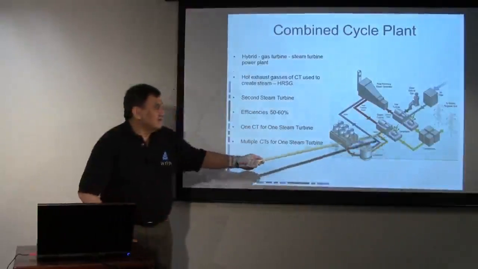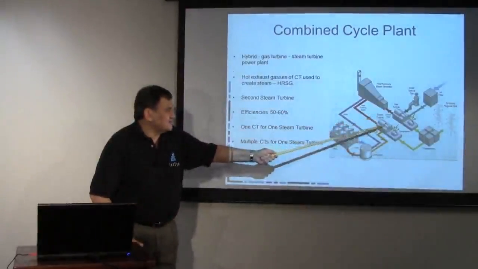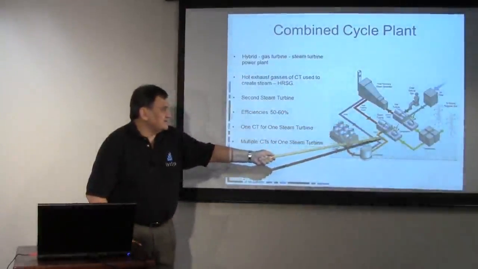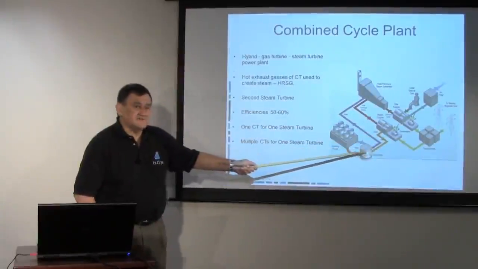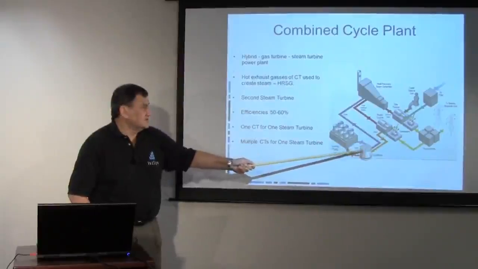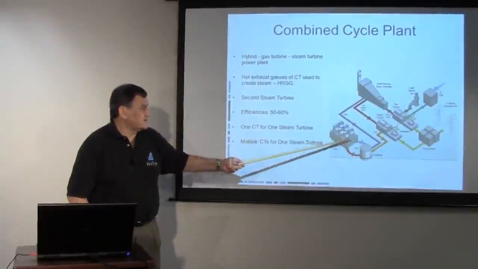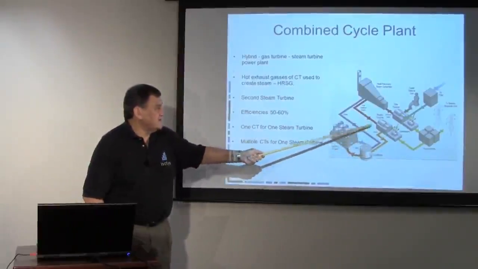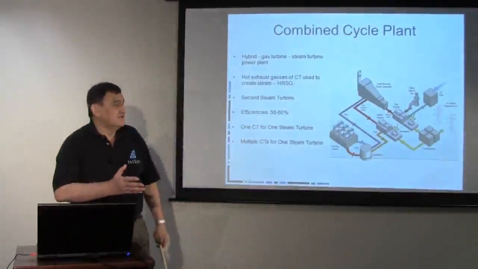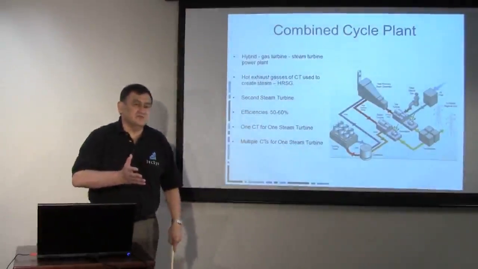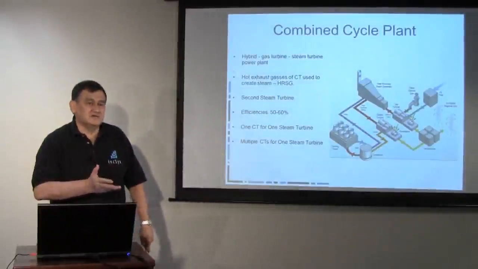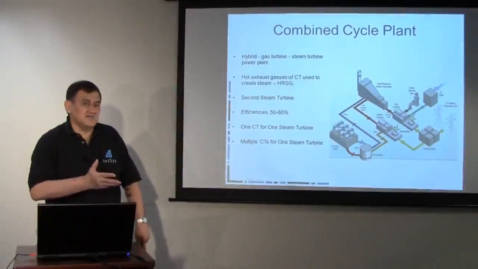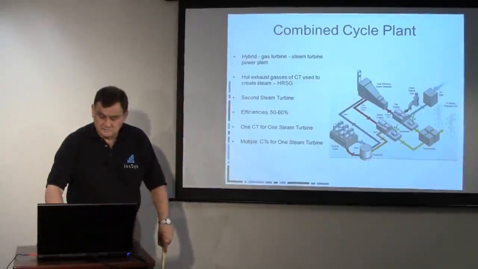We have to take it, it comes in as hot steam, it comes out as lower pressure, lower temperature steam. We then have to take that through a condenser, turn it to water, and then we have another cooling tower. And so we basically have the two cycles of the natural gas being turned to a hot gas, and then we have your steam cycle of the water going to steam and then back to water.